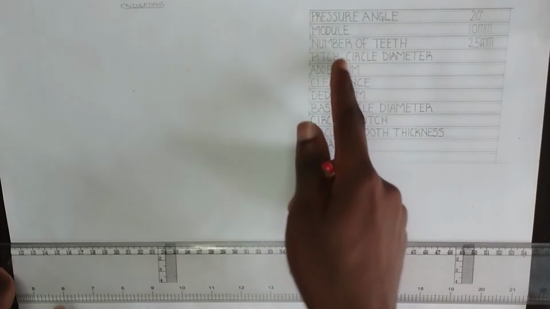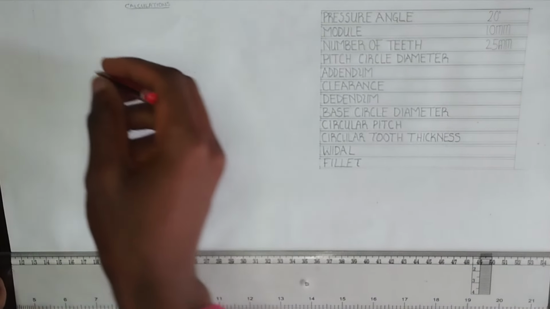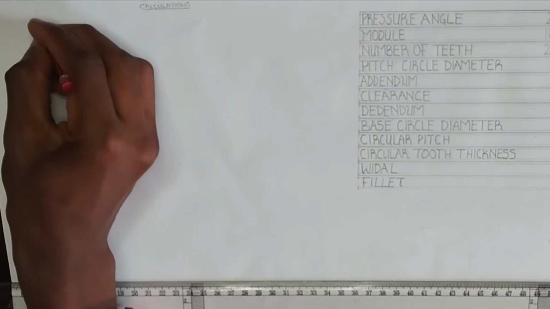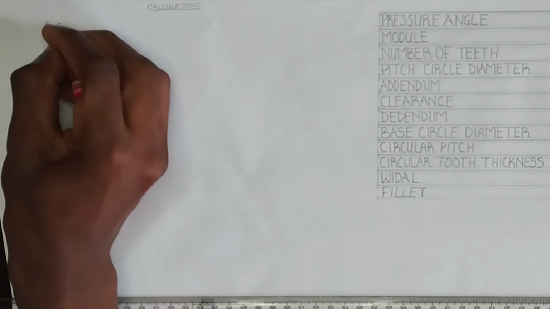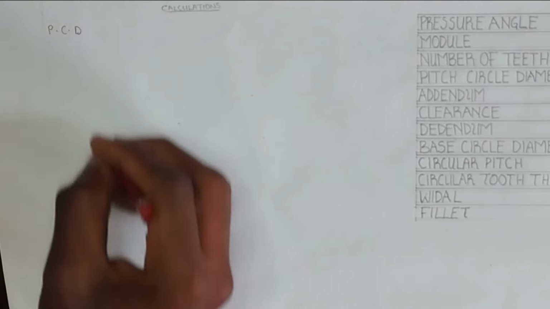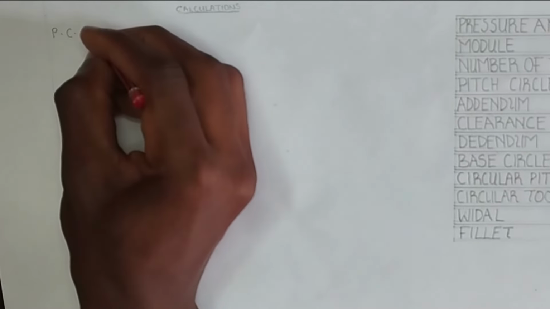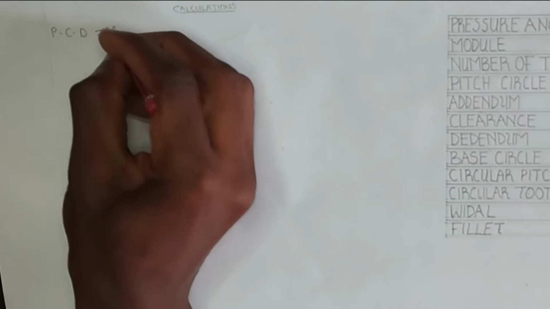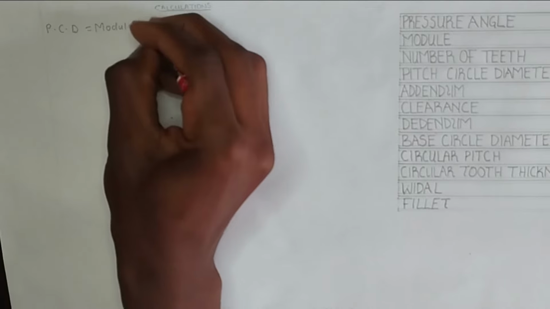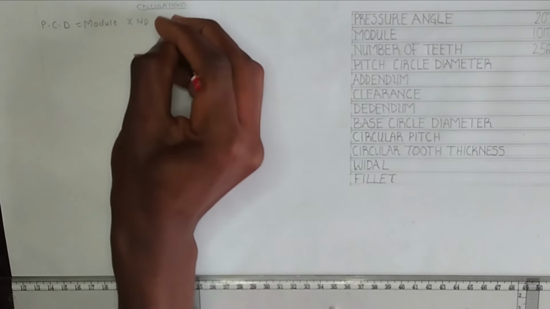So the next thing we are going to do is to calculate our pitch circle diameter. In order to calculate our pitch circle diameter, we are going to be writing it here. I'm going to use the short form, but in your work please ensure you write it fully. That is pitch circle diameter. This is PCD. We have been given the pitch circle diameter formula to be our module times the number of teeth.